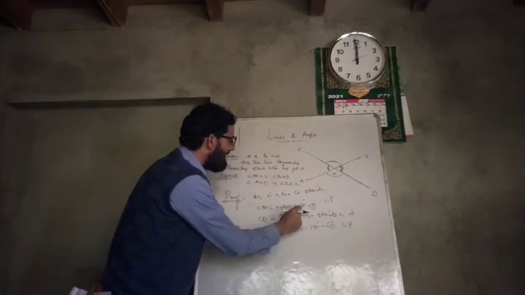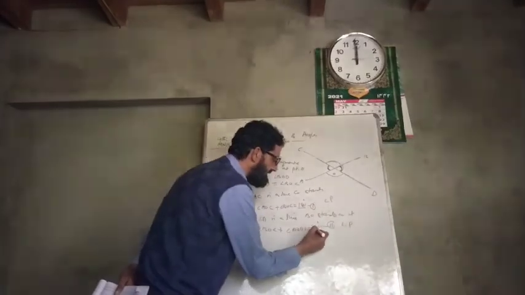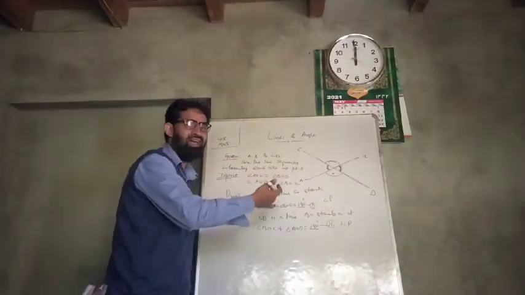see, what is the right hand side of the first equation? It is 180. And what is the right hand side of the second equation? It is again 180. And we know when right hand sides are equal, left hand sides are also equal.